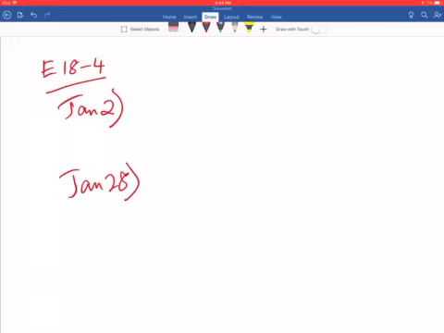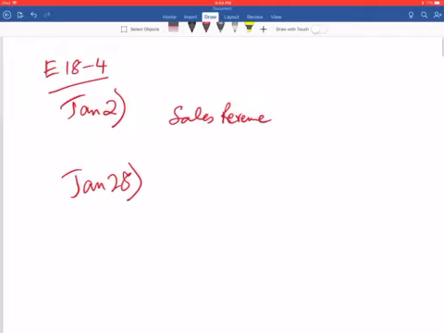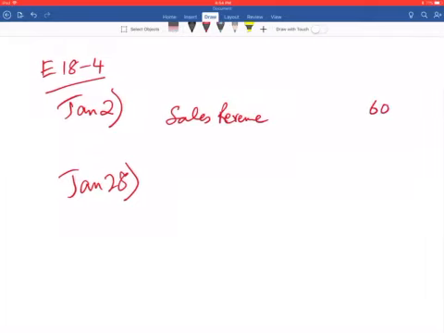So the journal entry will be, of course, sales revenue credit for $600,000, and accounts receivable debit for $600,000. That's for the sales.